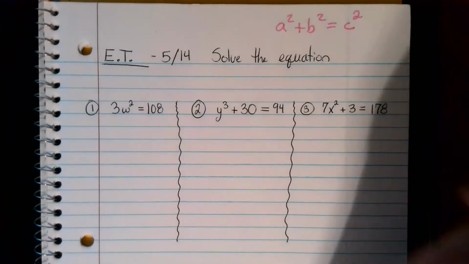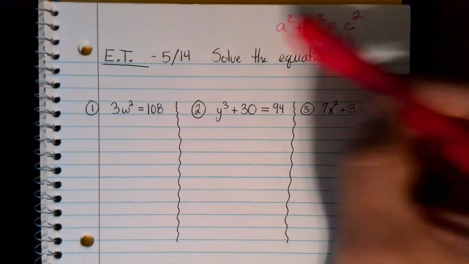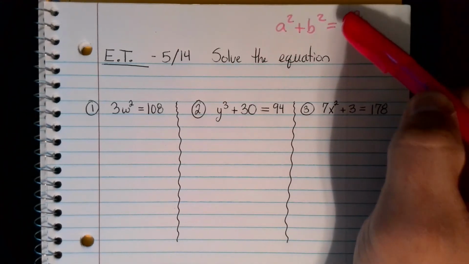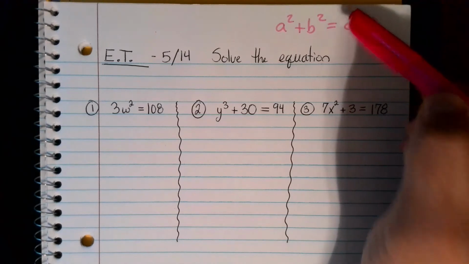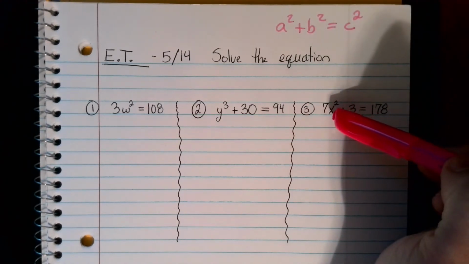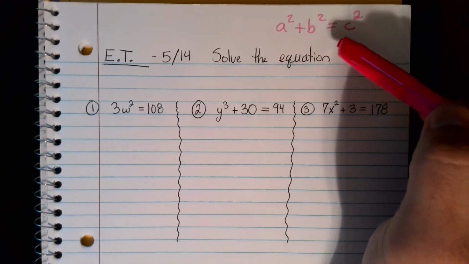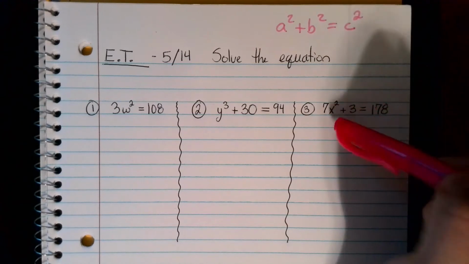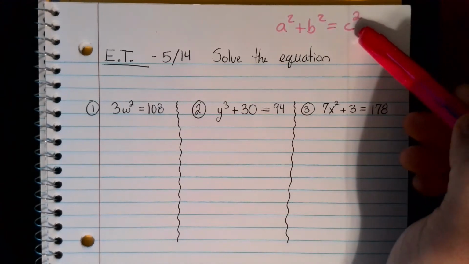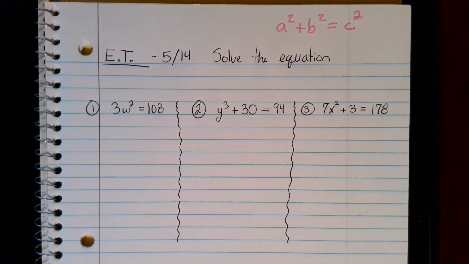But obviously, one of these will be unknown, either a, b, or c. And since this is an equation with squares in it, that's why we had to get used to doing algebra with squares in it, like we've been doing this week, so that we can then apply it to this thing called the Pythagorean theorem that we'll learn next week. Okay, so that's why we're doing this. This is where we're going next week. Okay, so pause it, try these, and we'll go over it.